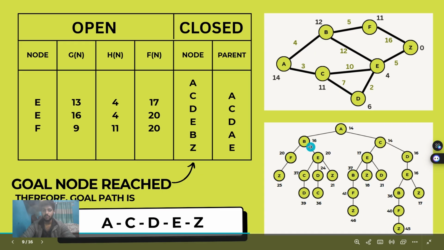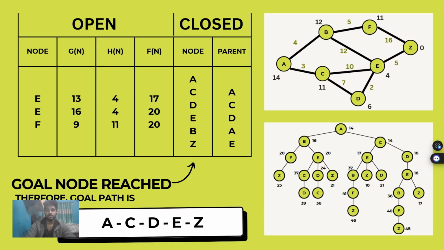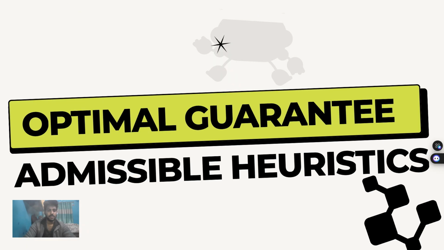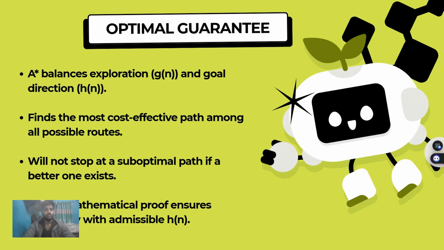But we have found the value which has the least cost. It has different routes, but it will find the most cost-effective path and will not stop at a suboptimal path if a better one exists. A strong mathematical proof ensures optimality with admissible h of n, which is the heuristic value which we have from our graph itself.